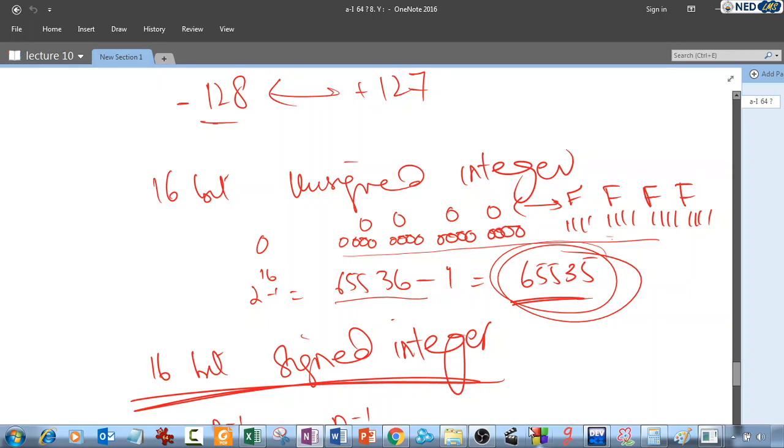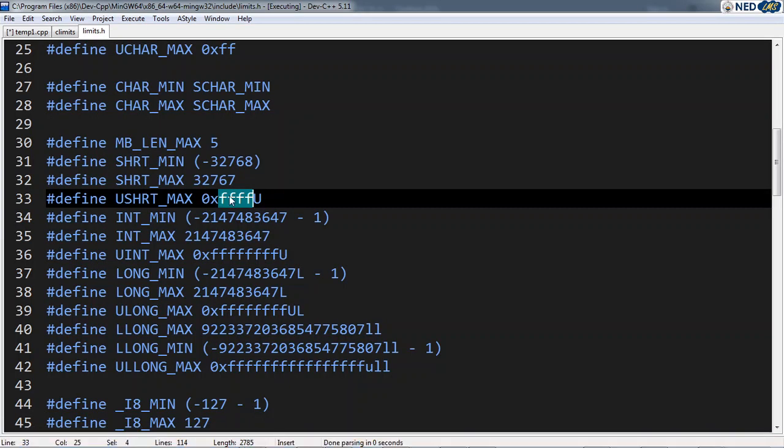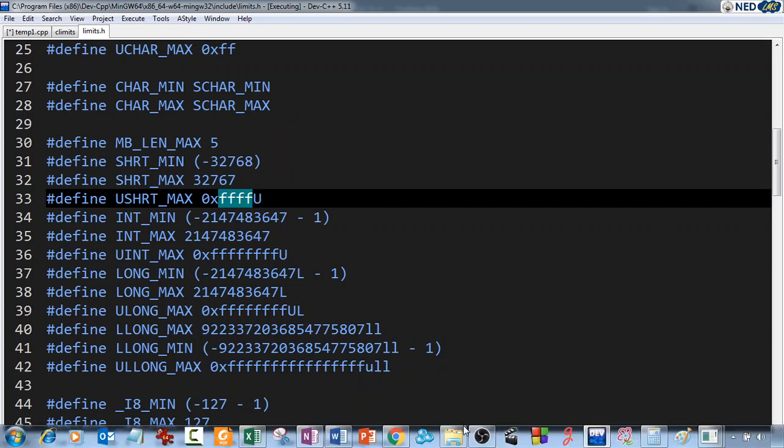So obviously we would be dealing with decimal format, so unsigned maximum would be 65535. But if you're talking about the signed short integer, it has 16 bits or 2 bytes, because each byte is 8 bits. That means it will go from -32768 to +32767. And that's why we did that in the previous lecture. Where is that?